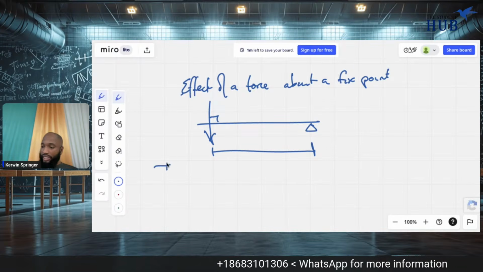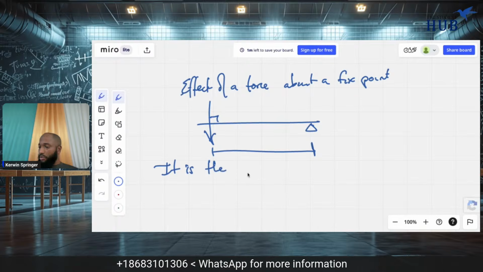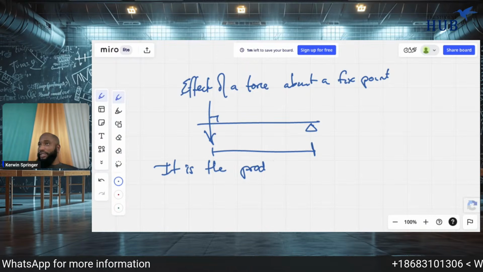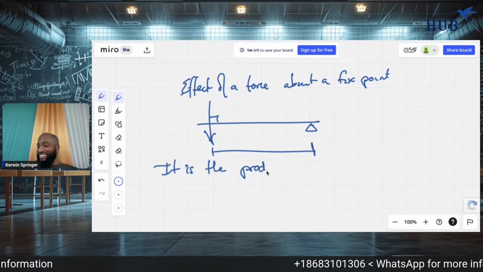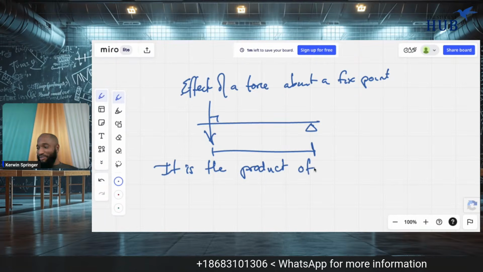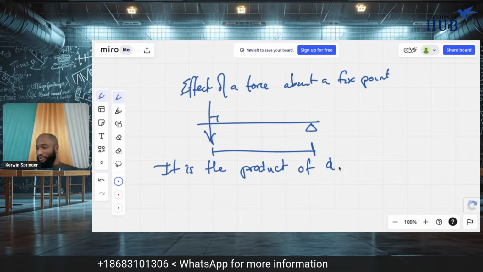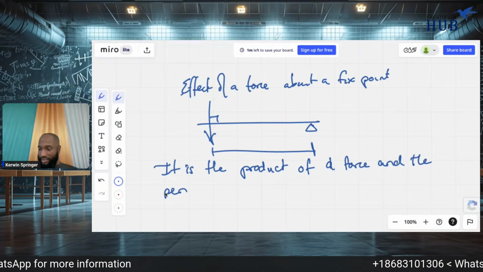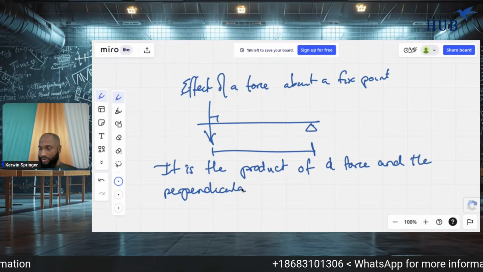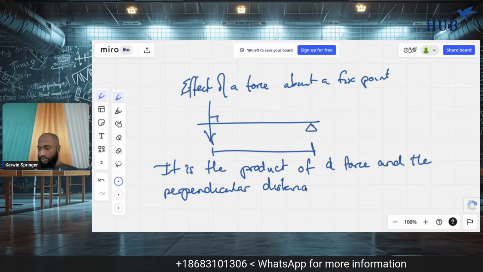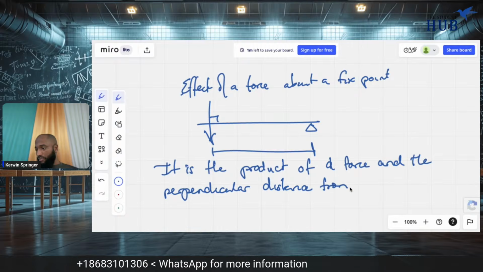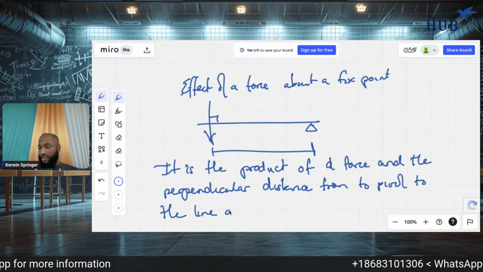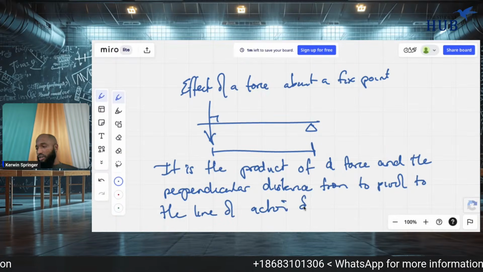So we start off with, it is the product of a force and the perpendicular distance from the pivot to the line of action of the force.